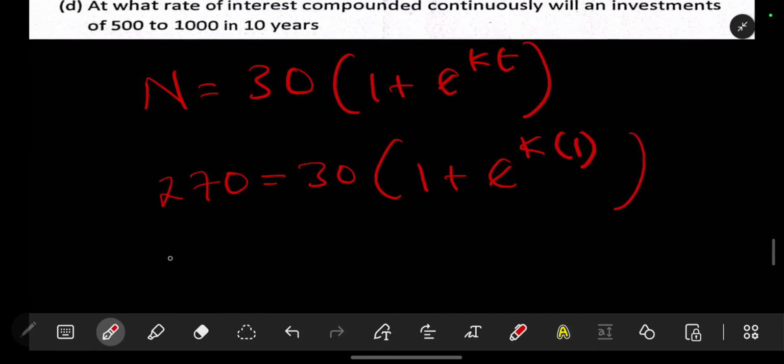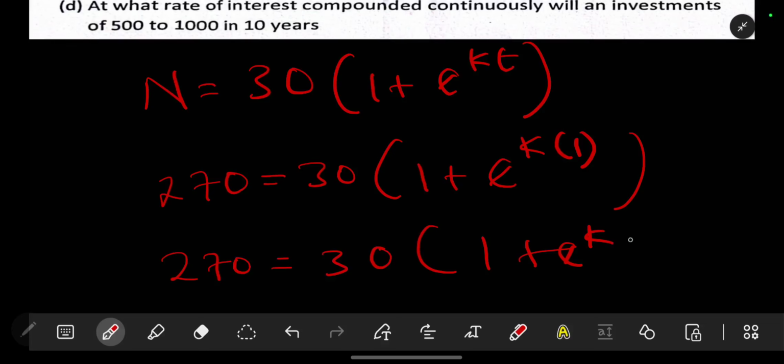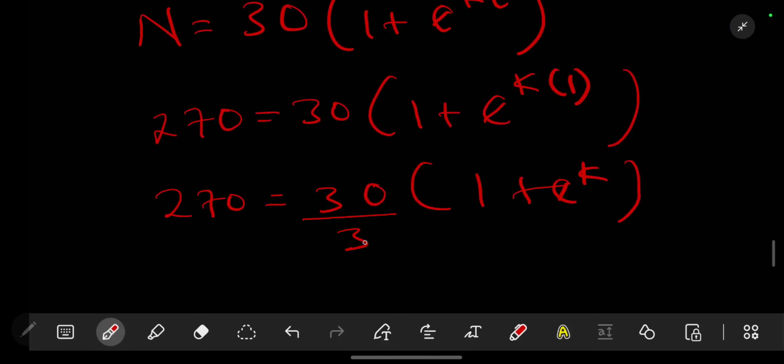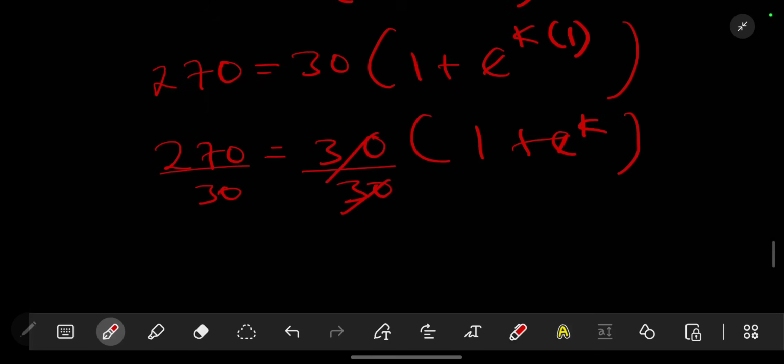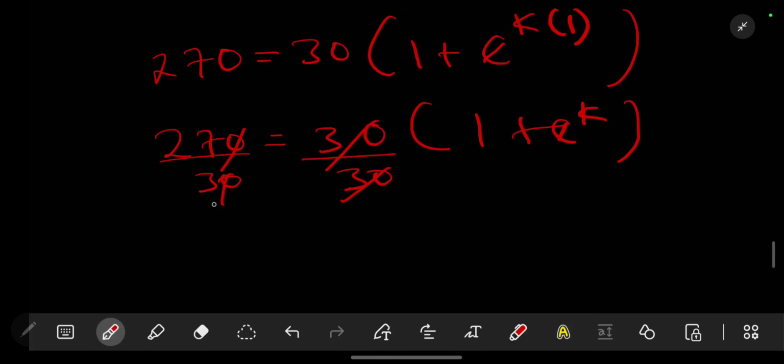So we have 270 should be equal to 30 times 1 plus e to the power of k times 1, which is just k. We divide by 30 on both sides. This gives us 9, which should be equal to 1 plus e to the power of k.